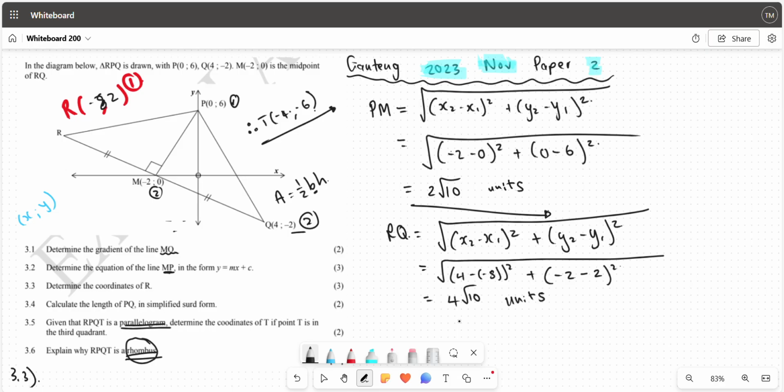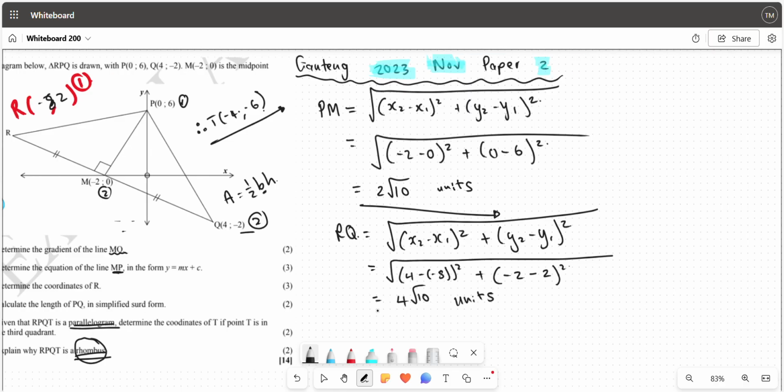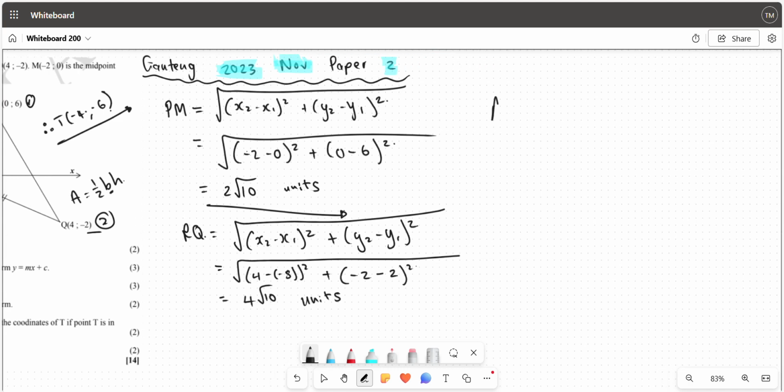All right, so now that we have our base and now that we have our height, we can just easily calculate area. And so area is equal to half the base times height, half the base, which is 4 root 10, the height, which is 2 root 10, and let me just use my brain.